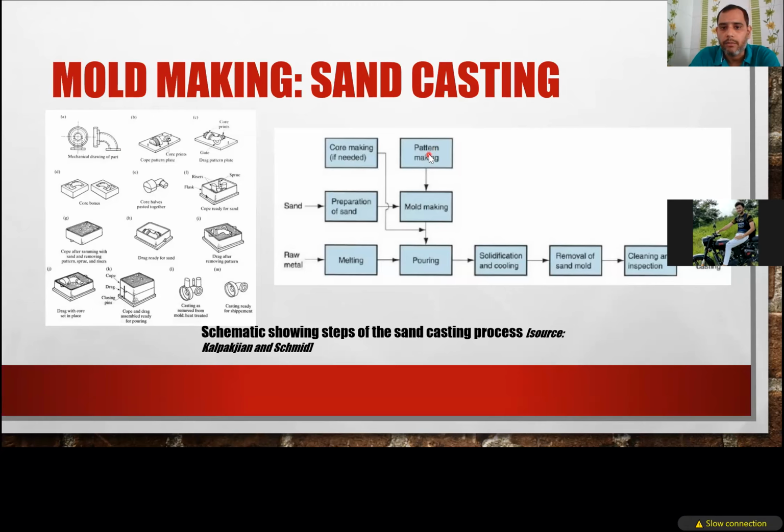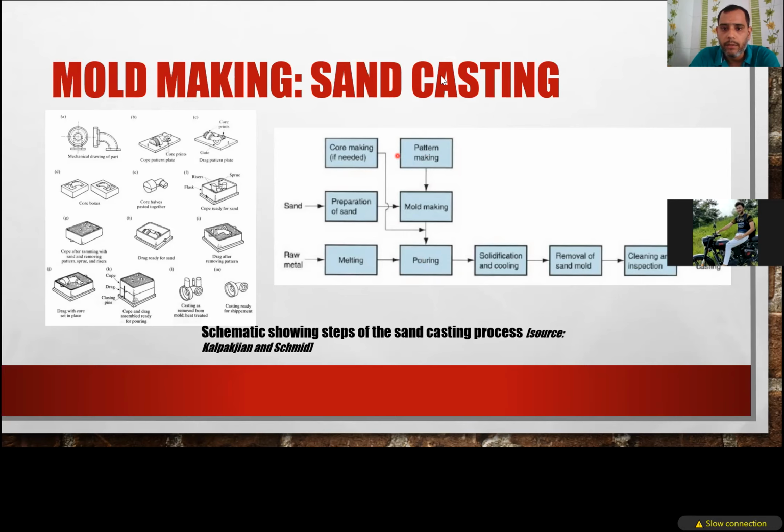First is pattern making, second is mold making. Before the mold making there is a step, the preparation of the sand. After the mold making, there is pouring, and before pouring there is melting of the raw materials.